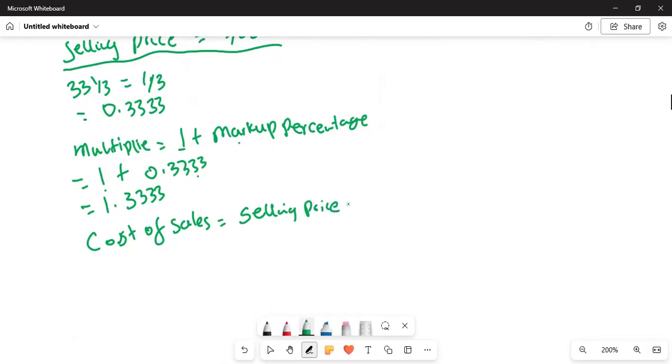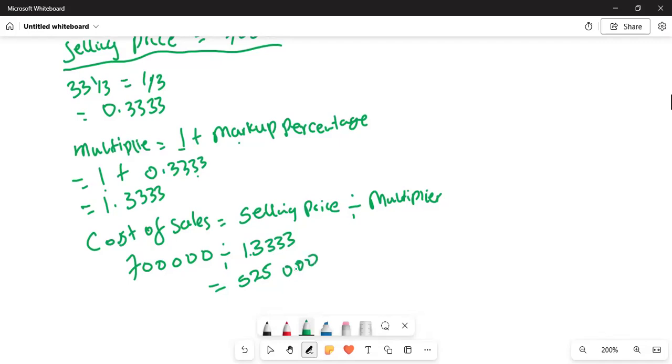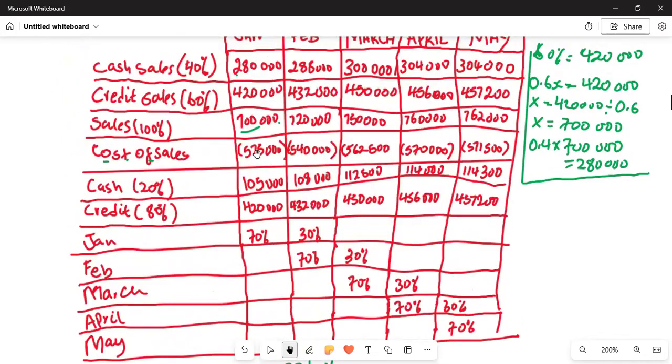So our selling price is 700,000 divided by 1.333, which is going to give us 525,000. This is our cost of sales, which is this one.